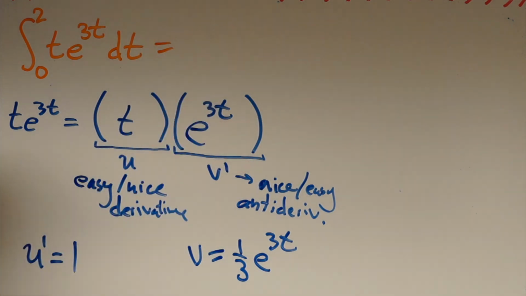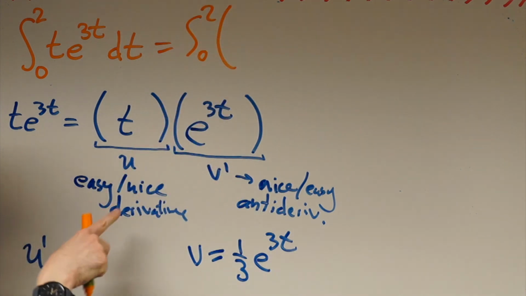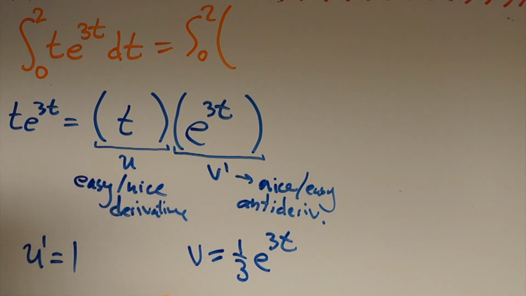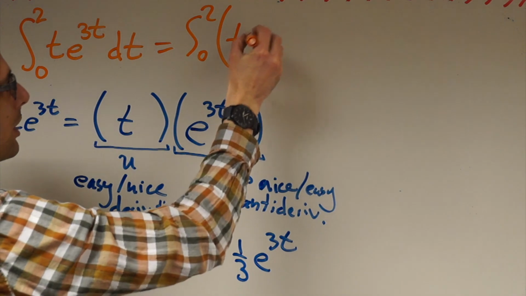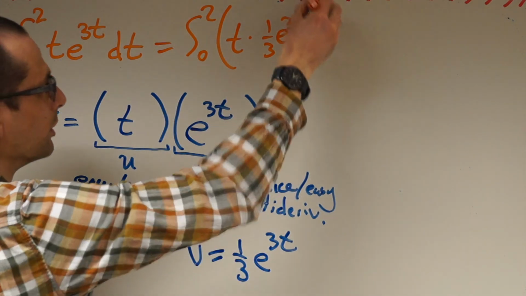So let's write it then as an integral from 0 to 2, and then let's put in here the derivative of u times v. I'm thinking about that rearranged product rule there. So we'll have t times 1/3 e to the 3t, the derivative of that thing.